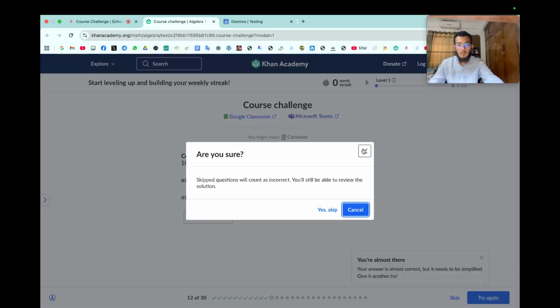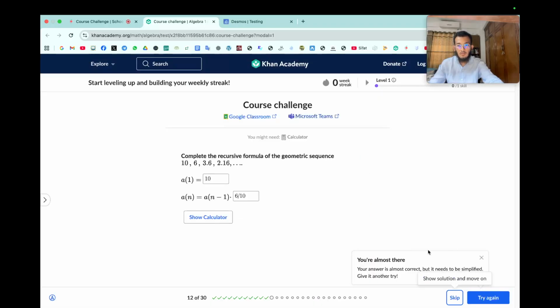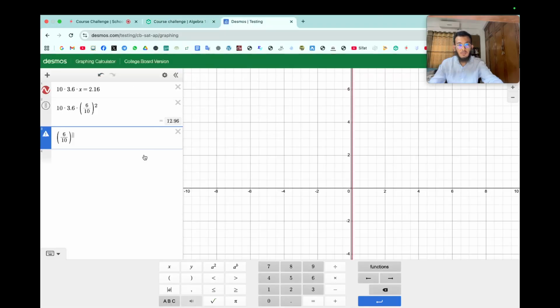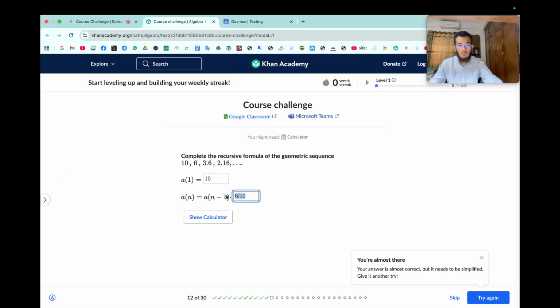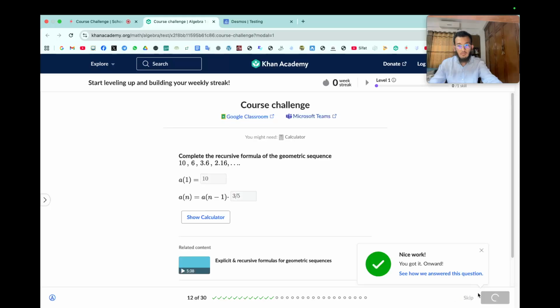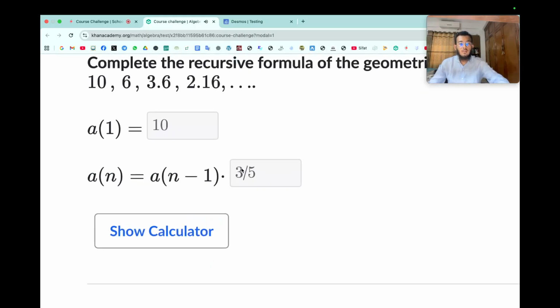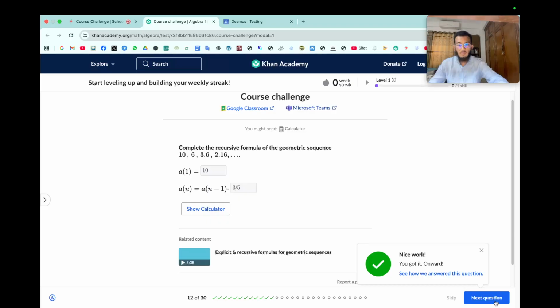Okay, let's see. Simplify 6 by 10: 6 by 10 is 3 by 5. Yep, so 3 by 5. We have to write it in the most simplified manner. So there we go.